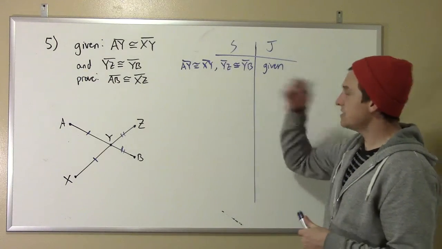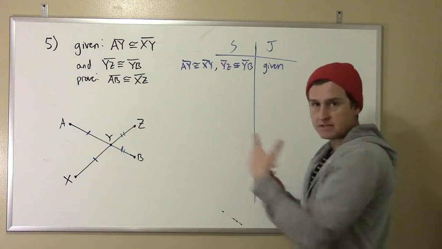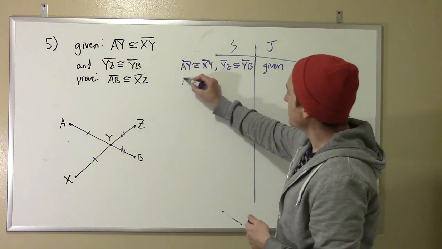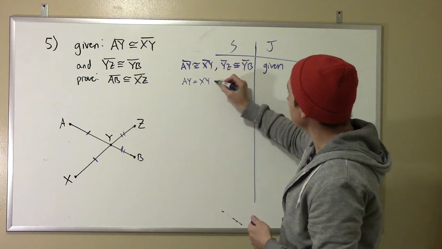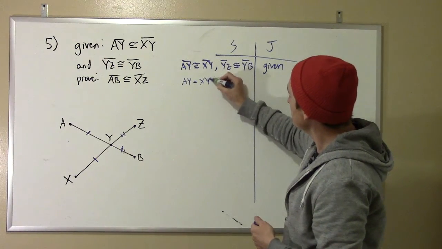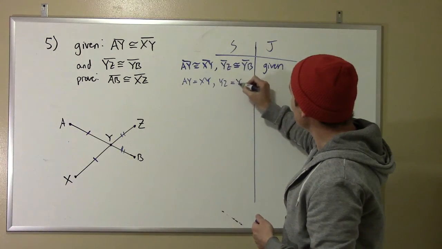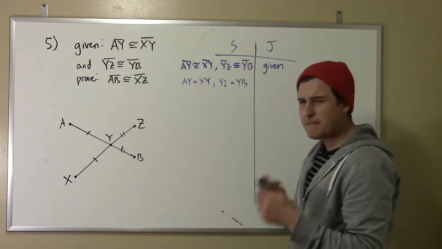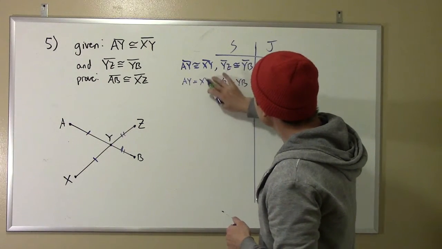Now what we're going to do from here is move into equality. So we want to use the definition of congruent segments to say, well, if these are congruent, that means their measurements are equal. So what we're going to say is that AY is equal to XY, and YZ is equal to YB. So now we're talking about measurements here. So these are numbers now. Let me make that a little bit easier to read.